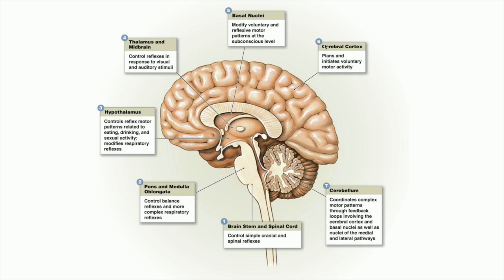And we have the cerebral cortex, which plans and initiates voluntary motor activity. And then the highest level is the cerebellum, and actually the cerebral cortex and the cerebellum communicate with each other. So the cerebellum coordinates complex motor patterns through feedback loops involving the cerebral cortex, the basal nuclei, and sensory information.